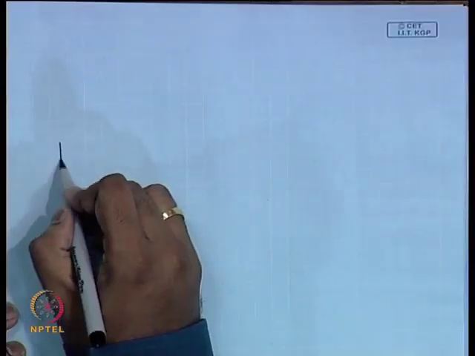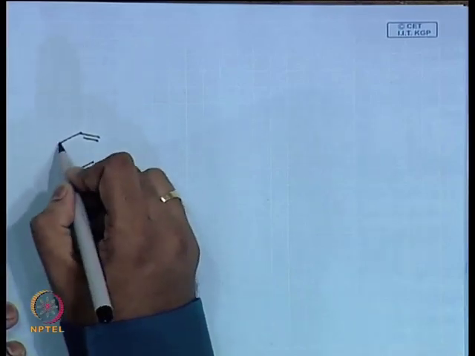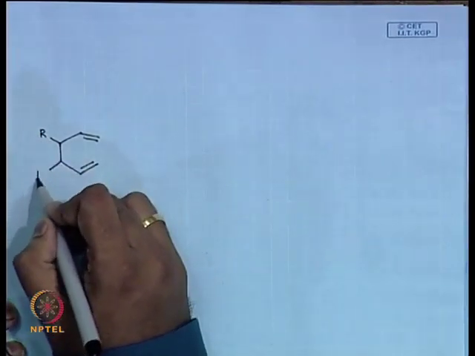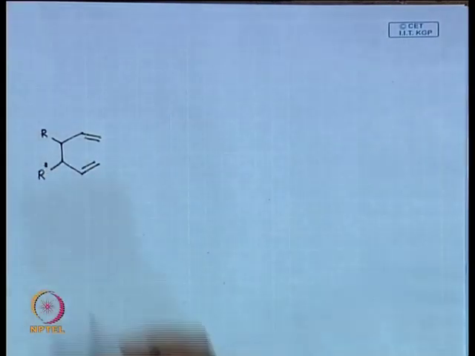The interesting part of Cope rearrangement comes when you talk about the stereochemistry. Or not R prime, just keep it R itself, both are R. Now, tell me, if I do a Cope rearrangement, what are the products I can think of?